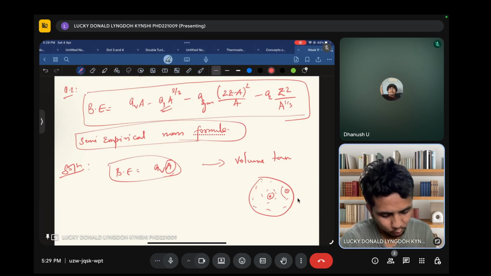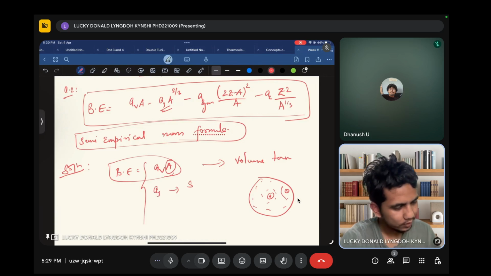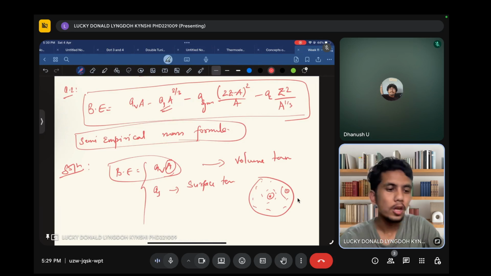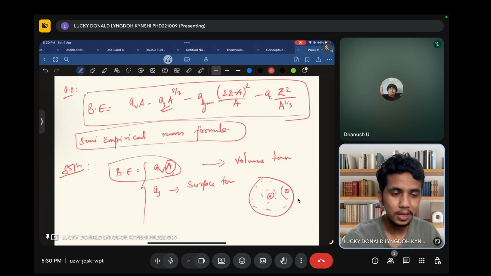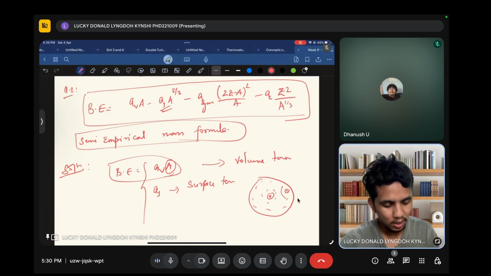So the a_S term reflects what is called the surface term. The proper explanation you can write by yourself, and you can check in many nuclear physics books. They explain in detail why this volume term and why this surface term.